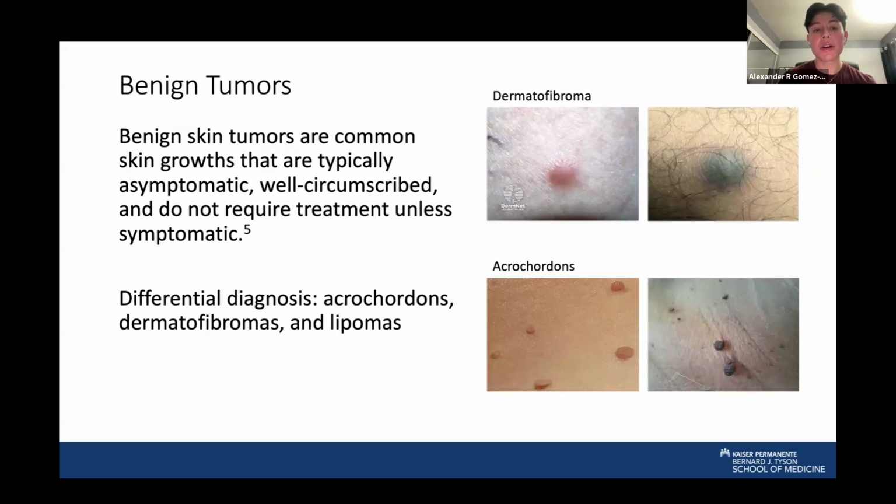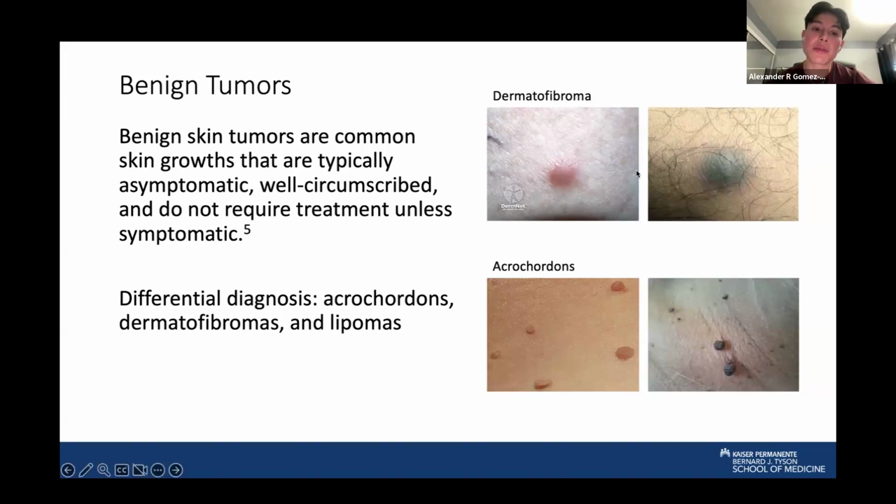But regardless, there are a couple of characteristics that might be more concerning when patients present with symptomatic tumors, right? When there's pain, or they're not well circumscribed, then that raises a little red flag of, okay, something needs to be worked up here. But these tumors are benign.